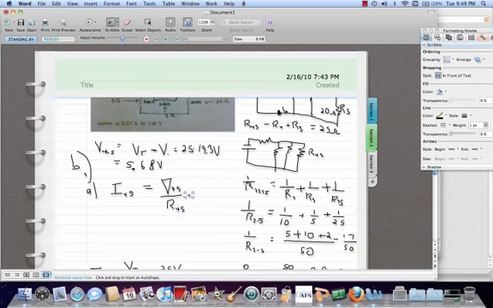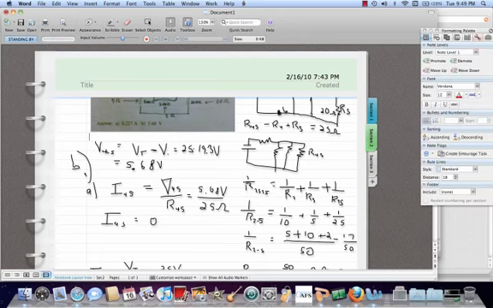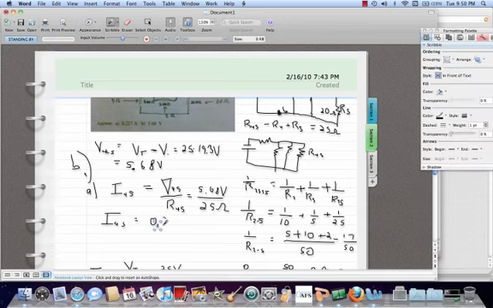And that's equal to 5.68 volts divided by 25 ohms. So the I45 equals, no, I'm sorry, 0.227 amps.